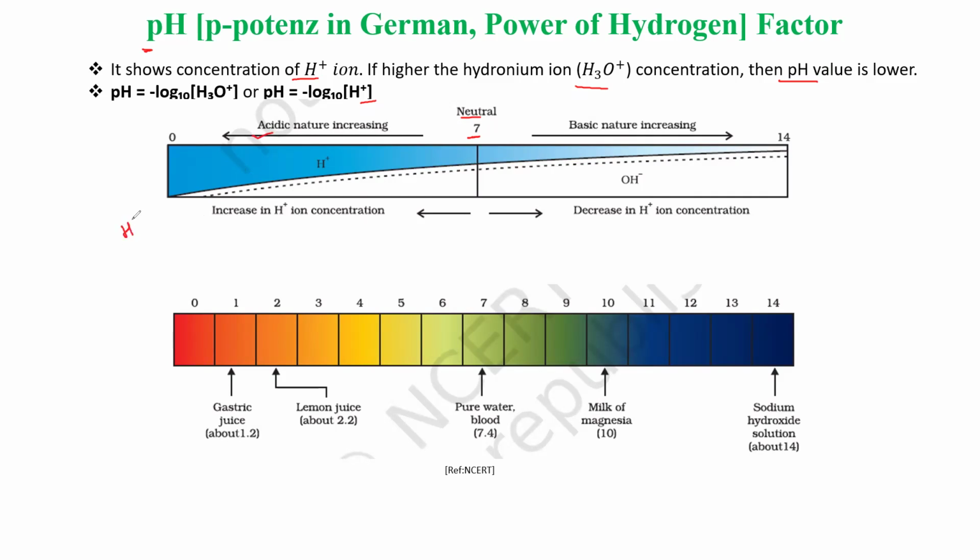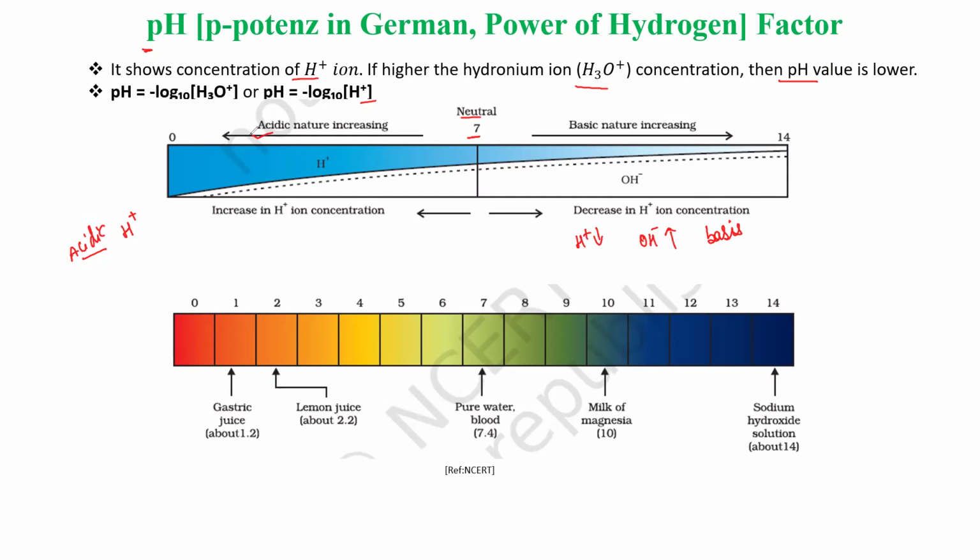If you have more hydrogen ions, it will be more acidic in nature. When the pH value increases, to more than 7, that means the hydrogen ion concentration decreases and the concentration of OH- increases. Due to that, the basic nature also increases.